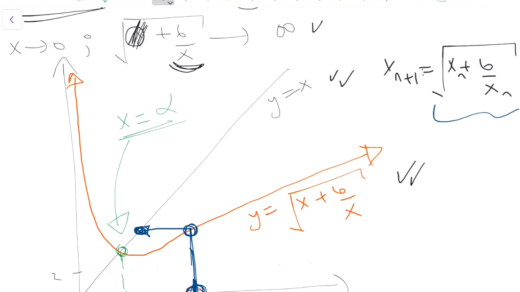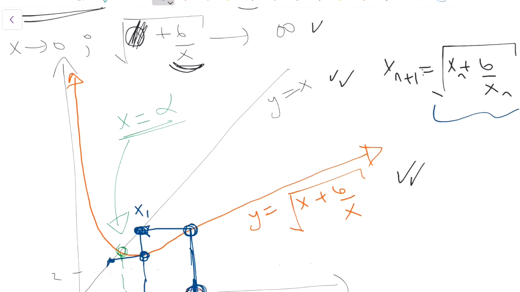Then you take this value, so you started at x0 and you end up with x1. Then using x1 you plug it back into the right hand side, so you go here, and this is x1, and you go back to the curve, which would be somewhere here.